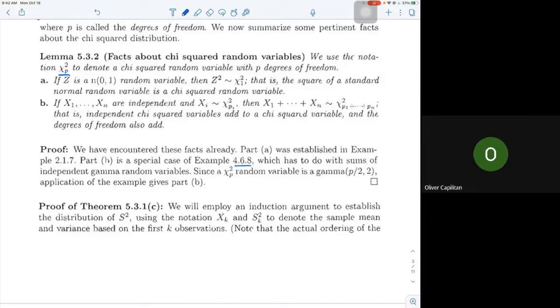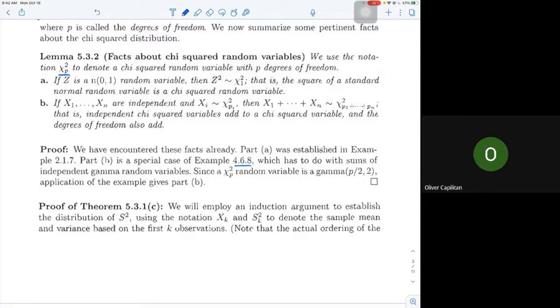So we have these facts about the chi-squared random variable. Let us proceed to prove property C of theorem 5.3.1, in which n minus 1 times the sample variance S sub n squared divided by the population variance sigma square has a chi-square distribution with n minus 1 degrees of freedom.